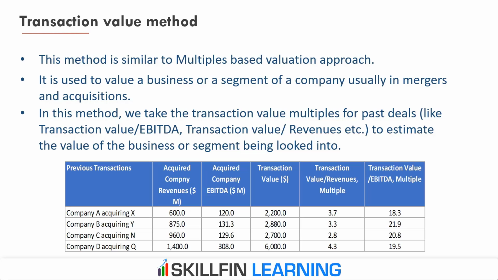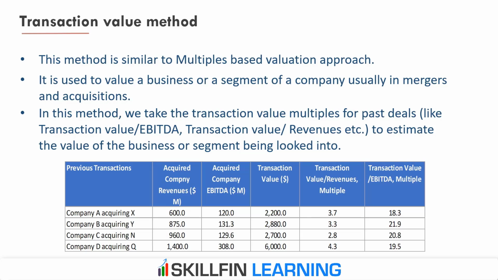So company A acquiring company X, company B acquiring company Y, company C acquiring company N, and company D acquiring company Q. The acquired company's revenue and EBITDA is given, and we also have the transaction value for these past deals.